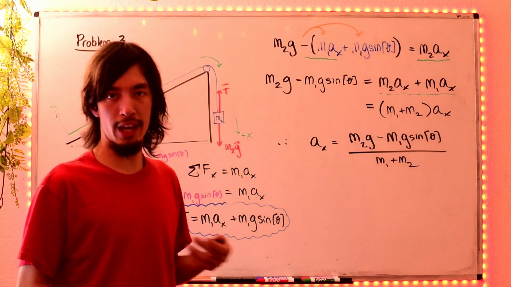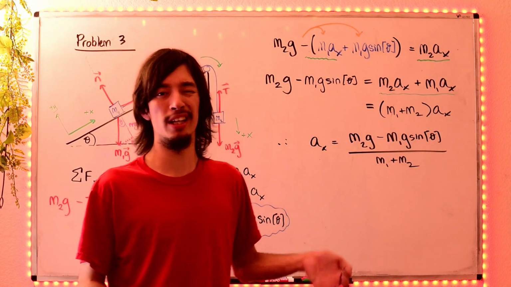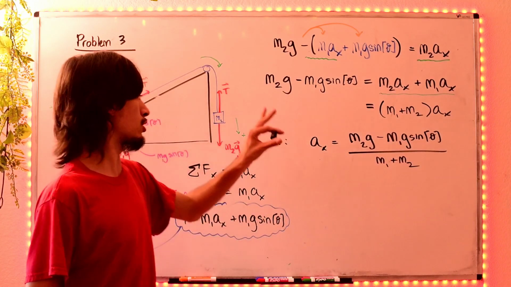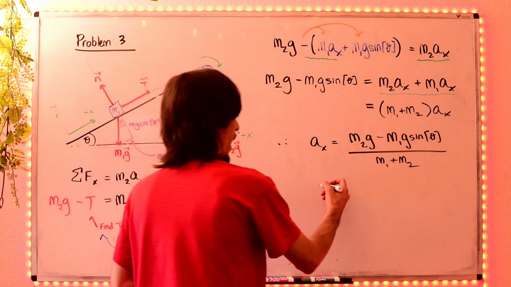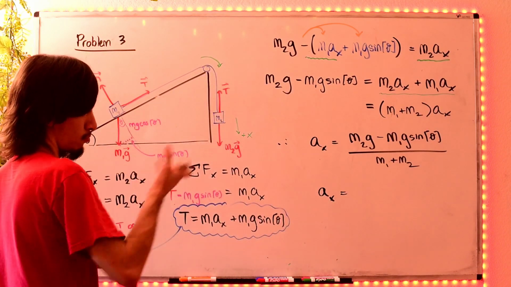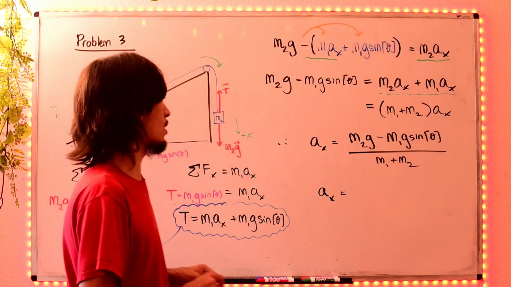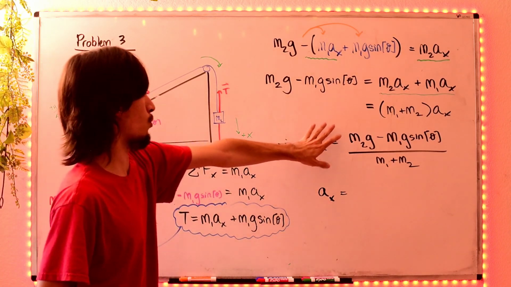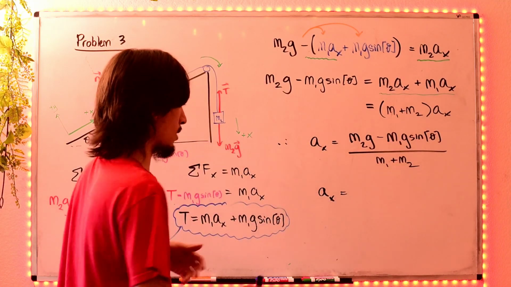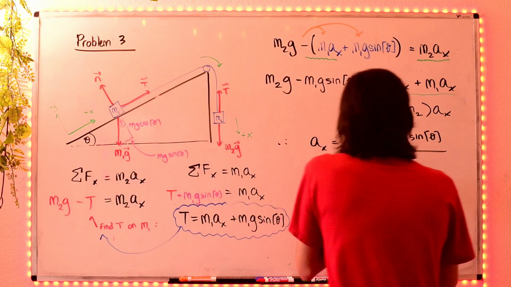If you don't have a habit of plugging in your units when you plug in your numbers, just be warned that you won't have any ability to check the reasonability of your answer. So units are good for checking if it's a valid expression or not. If your units for some reason don't work out here, it tells you that you did your algebra wrong. So it's a good idea to put your units in.